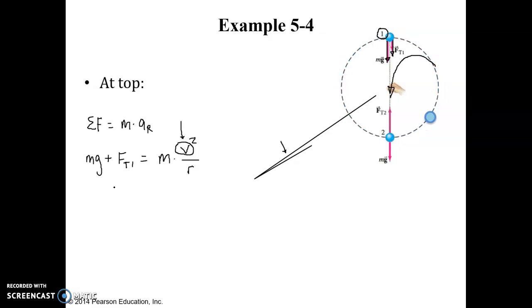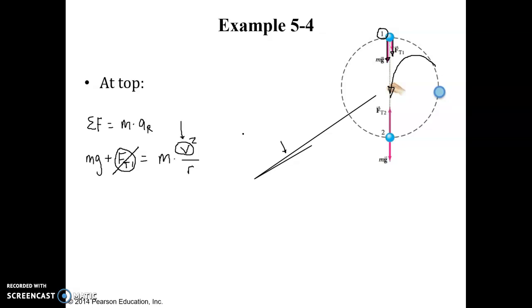So if it's the bare minimum velocity here, the gravity pulling the ball down and the centripetal acceleration will oppose each other, and we will actually have 0 tension in the string.